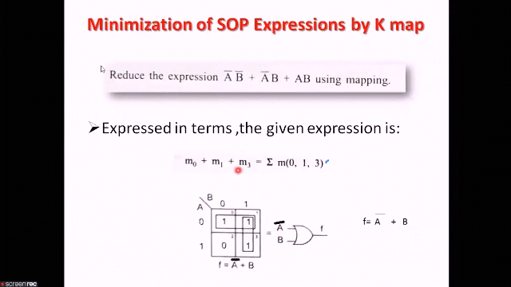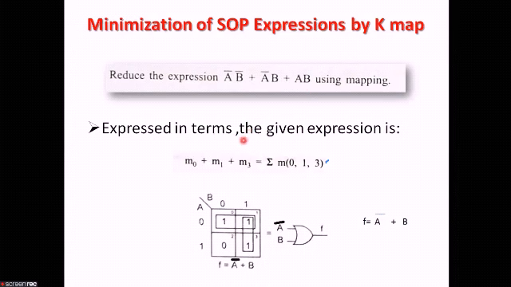Now see, there is an expression given, that is, this is a question: reduce the expression A bar B bar plus A bar B plus AB using mapping. When you are told to use mapping, then you don't apply Boolean algebra. You just have to apply K-map. As only 2 variables, A and B, are present, it will be a 2 variable K-map.